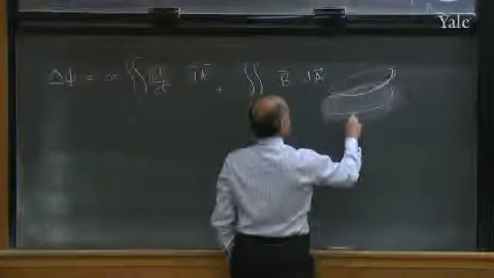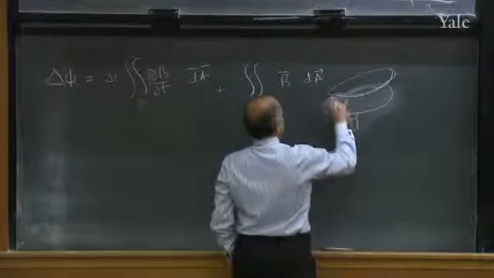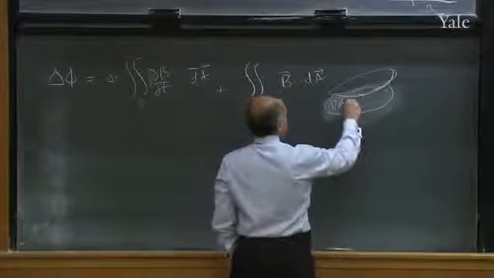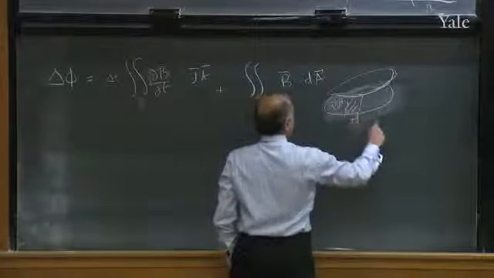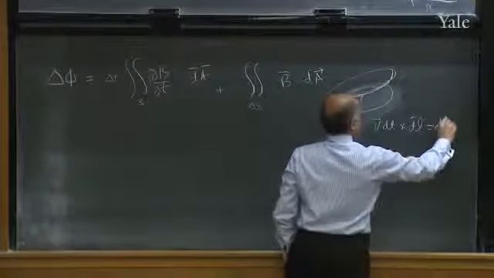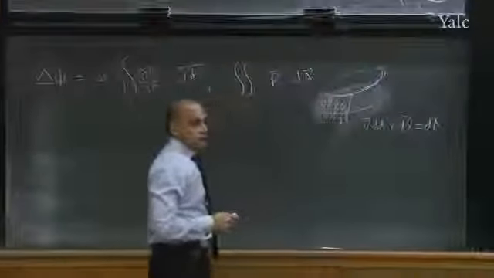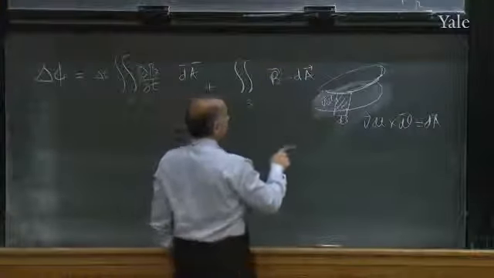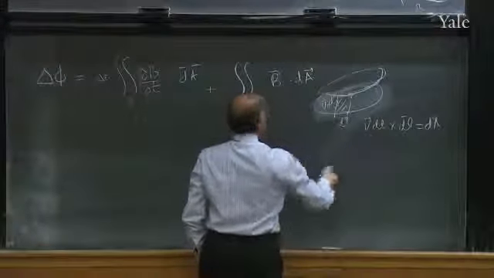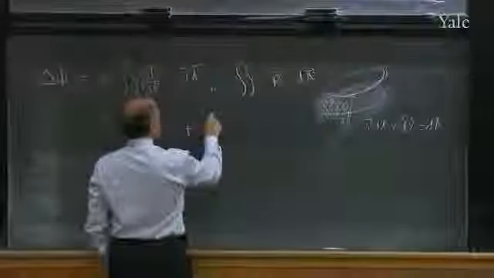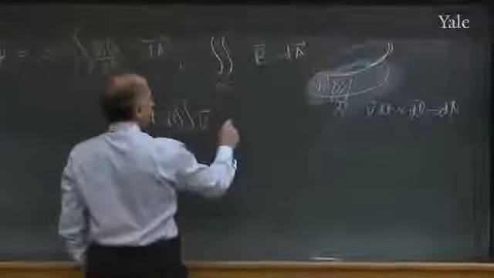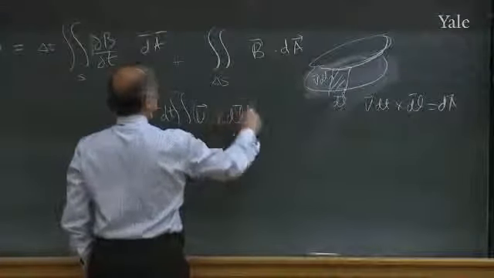This is my segment of the loop, and that's the distance v delta t. So the area vector associated with this section is just v delta t cross dl. That is the surface area. You see that? A parallelogram formed with the loop size dl here and the distance traveled in dt. The area of that is just a cross product. So this is equal to, I'm going to pull the delta t outside, v cross dl dot B.